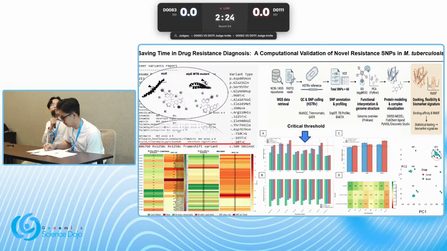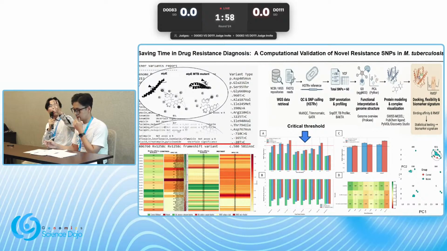So here we establish a computational pipeline using protein modeling, whole genome sequencing retrieval, and data from the WHO mutation catalog, and we analyze using molecular docking and dynamic simulations, and then we see the pattern, comparing between the resistant strain and the wild type. Also, we compared with the phenotypic resistance from the WHO reference database.